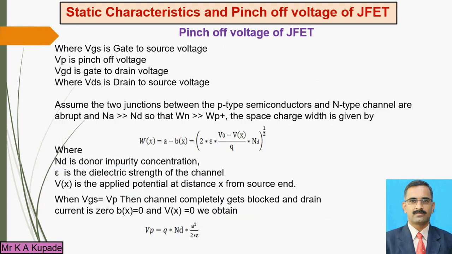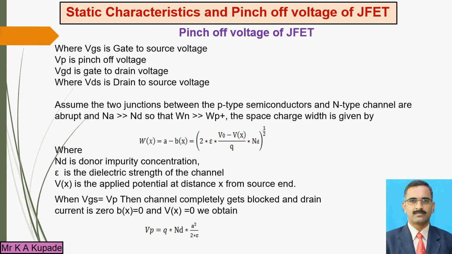By considering this point, VGS is the gate to source voltage, VP is the pinch off voltage, which I have already said, VGD is the gate to drain voltage. Actually here it should be VDS, sorry, VDS is the drain to source voltage. So these are some of the situations.